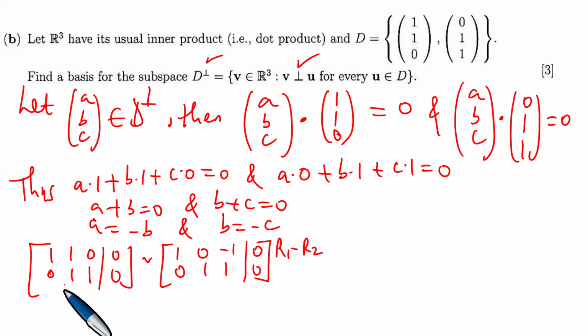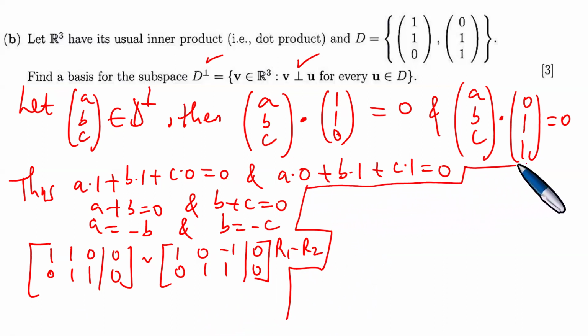Now, is this one in reduced row echelon form? Is there any form of reduction that is possible? There's no reduction that is possible here. No.